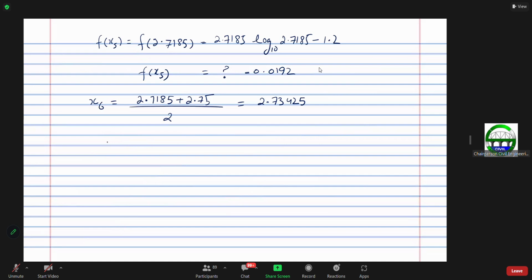Okay, so f of 2.734375 will be equal to 2.734375 log 10 of 2.734375 minus 1.2, and the answer, f of x6, will be equal to minus 0.0055.